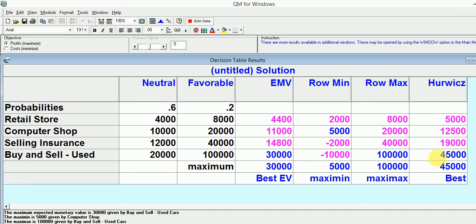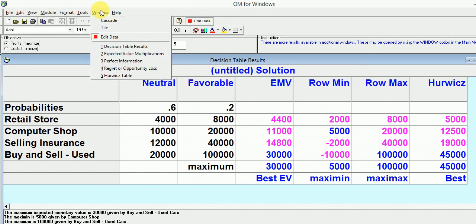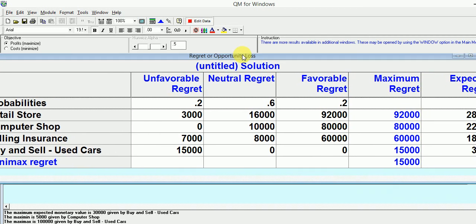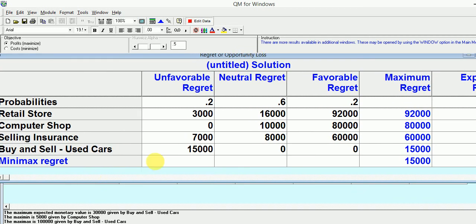So that's it for the decision table. Of course, you still have other things there, perfect information, regret. Okay, so if we look at regret or opportunity loss, then you will see here that the minimax regret, so the minimum opportunity cost, is the buying and selling of used cars.